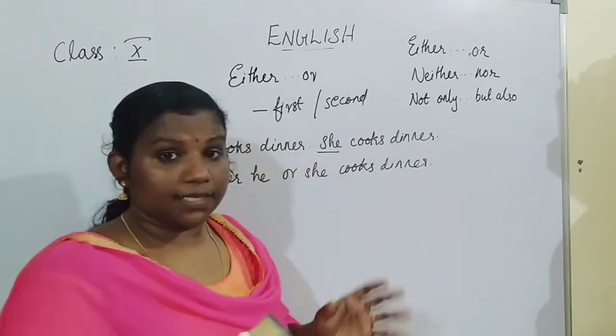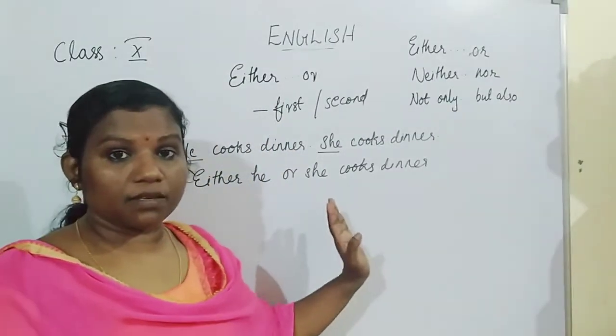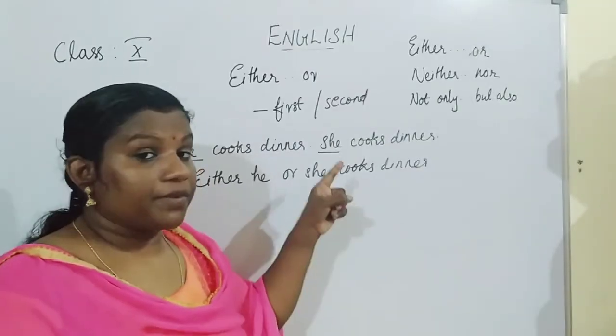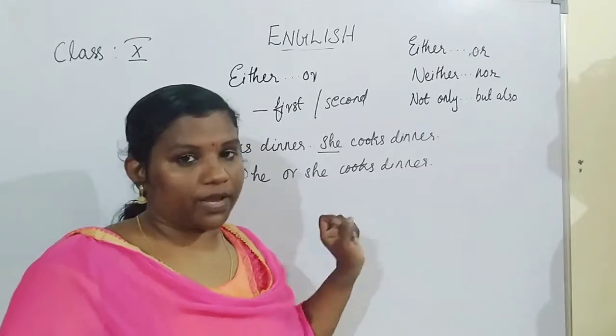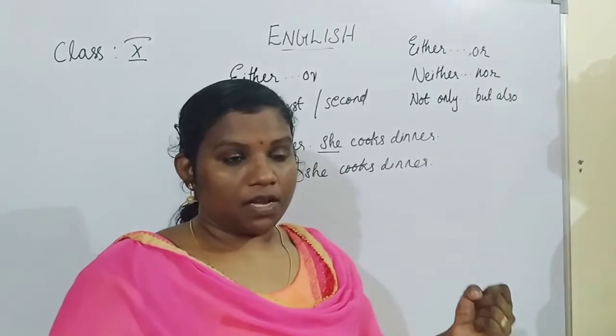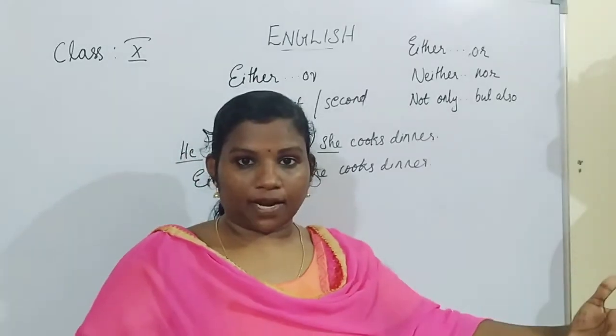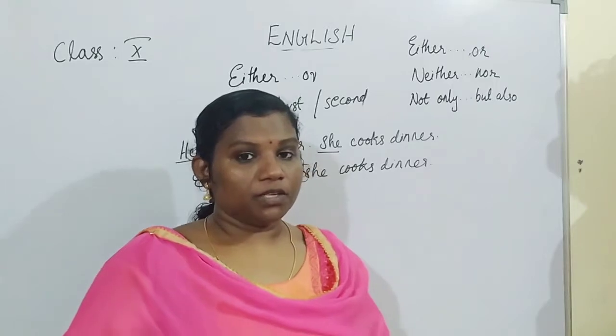So when we are connecting these two different subjects with either...or, that means we are focusing on he or she. For example, if your teacher tells boys can go to the playground, girls can go to the playground, what's the meaning?